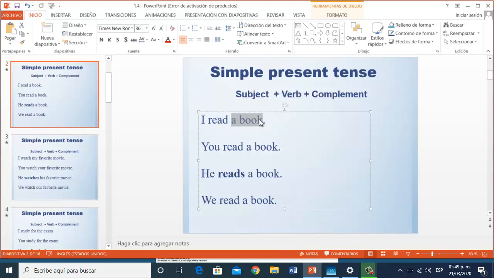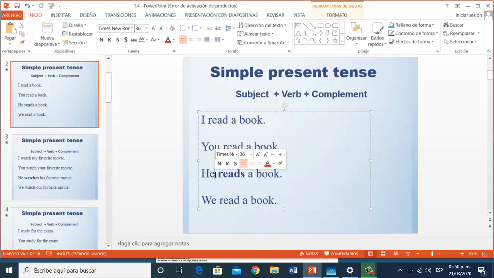I read a book. If I use you, I, and we, and plural you, the verb doesn't change in simple present tense. If you remember from the previous class, the only time the verb is going to change is when we speak in third person.